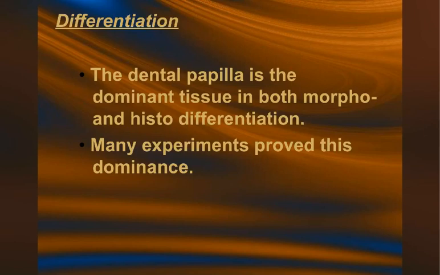The outcome tooth will always follow the origin of the papilla, not the enamel organ. So if you combine the dental papilla of a first molar, for example, with the enamel organ of a central incisor, the result will be a first molar. That's why the papilla is considered the dominant tissue.